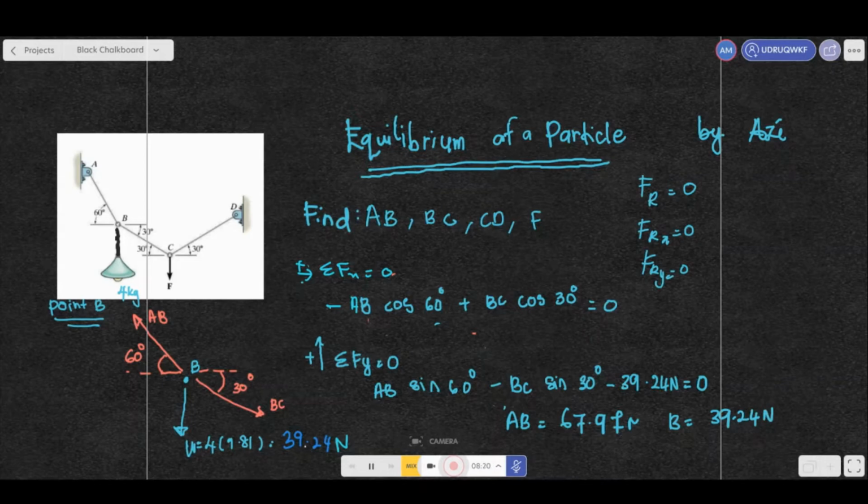This is if you are using the rectangular components. You can also solve the problem using the cosine triangle, so it's up to you. But I'm going to show you how to solve this one by using the cosine triangle.